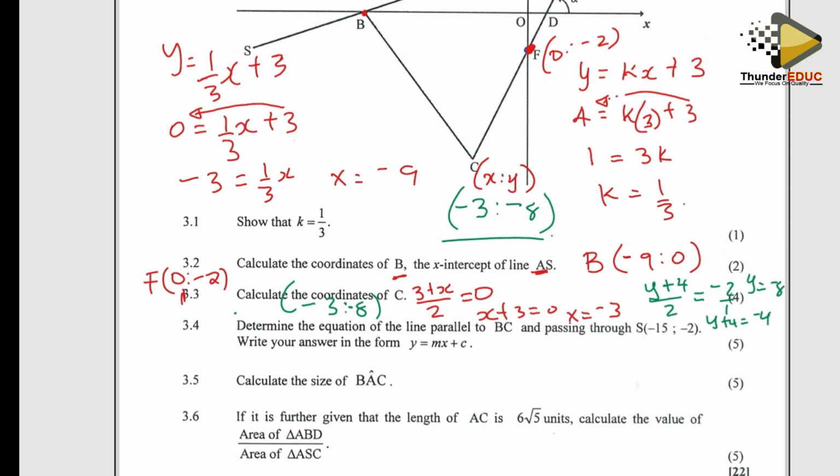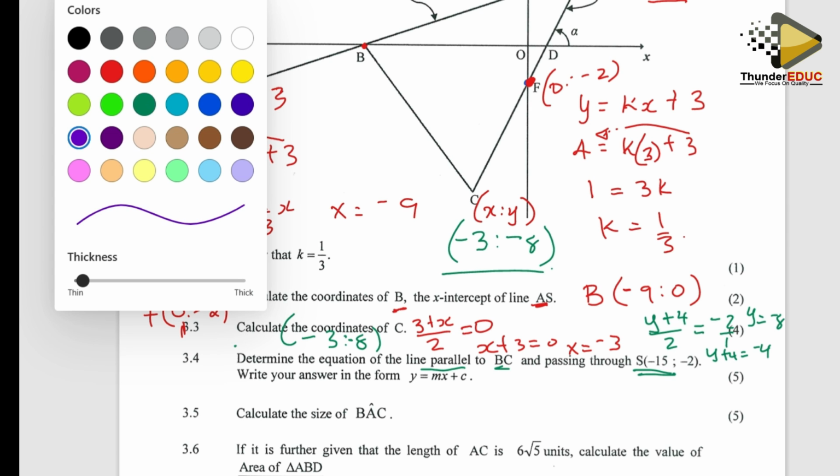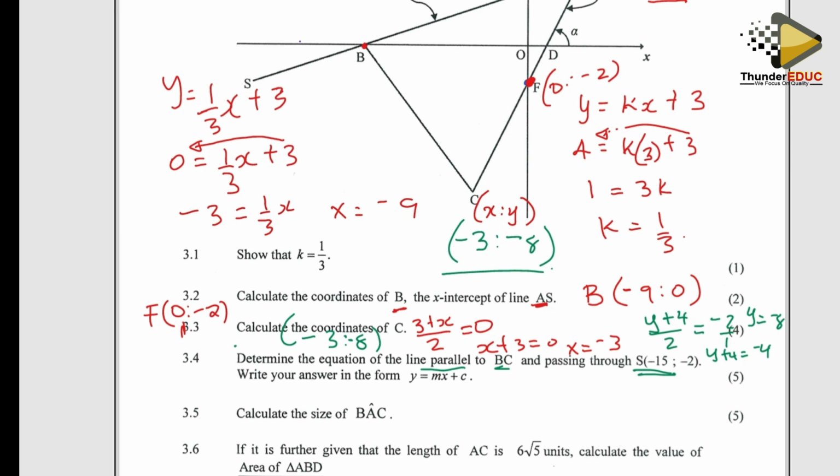Then 3.4, they want the equation of a line that is parallel to BC and passing through S. So if I use a different color, if we have another line that is passing through S but is parallel to BC, one thing I need to know is that for as long as I have parallel lines, their gradients have to be the same.